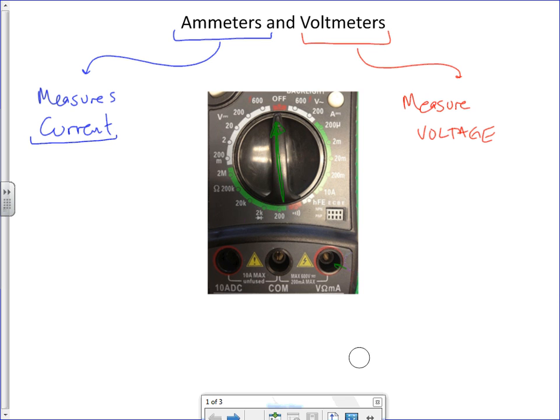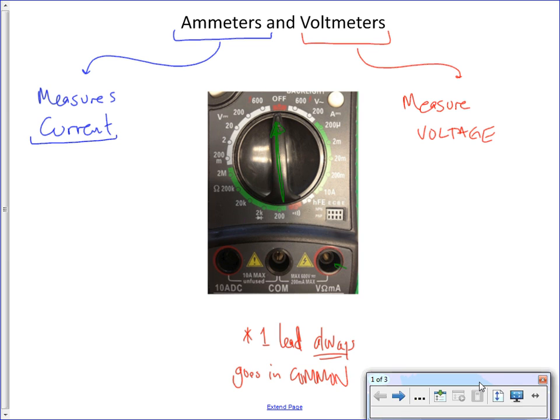All right. And so item one: a lead is a wire. One lead always goes in the common terminal.